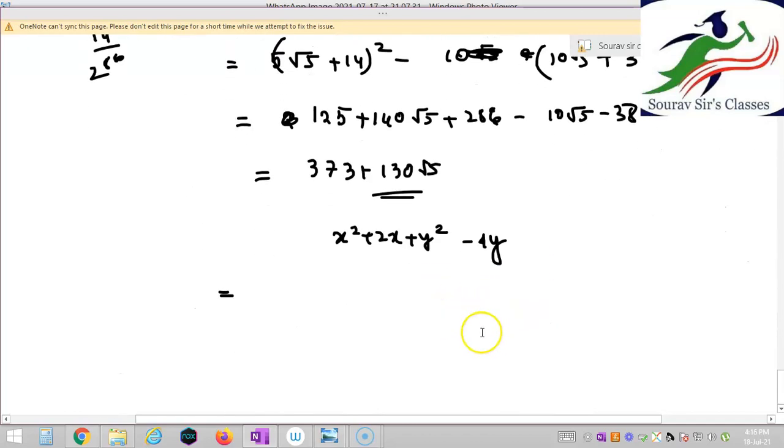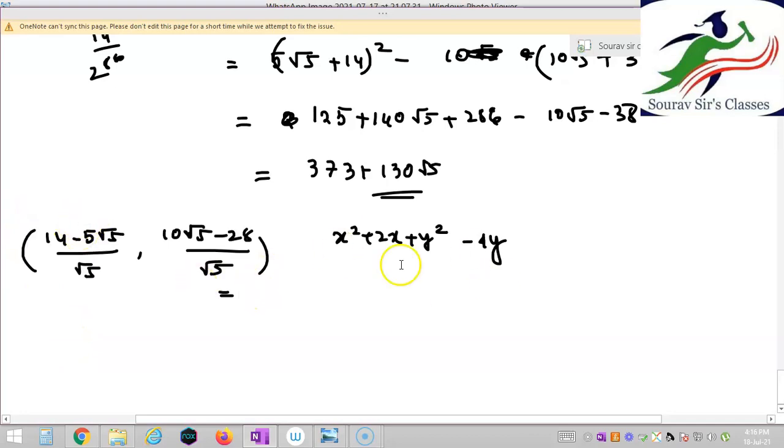So what I am going to do? Now I need to put this value. Okay, so for this, you can see this x is twice of y. You can see that the value of y is equal to twice of x, right? So I am going to put it.